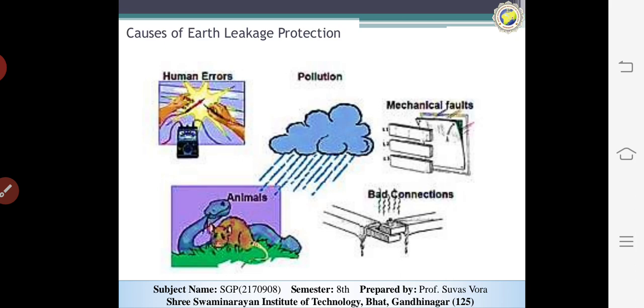Then there is pollution, and underground systems and the outside of the house, where animals may cut the earth wire, and at that time a short occurs. Then there are mechanical faults and bad connections. So these are the basic causes of earth leakage.